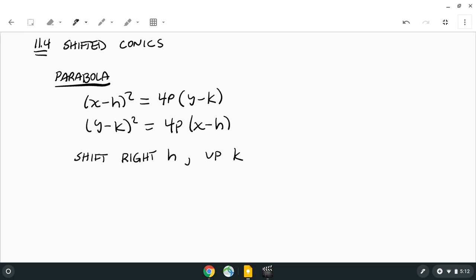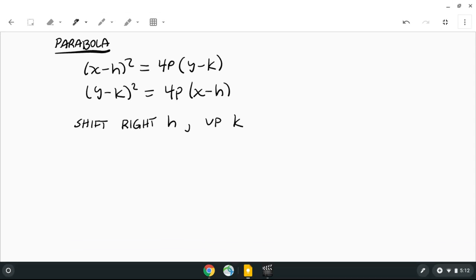So when it's x minus 2, then that's to the right. If it's y minus 5, then that's up. But if it says x plus 2, then again, you go in the opposite direction. We'll do examples of all of these.